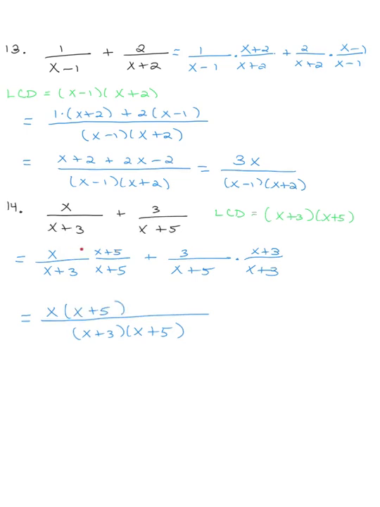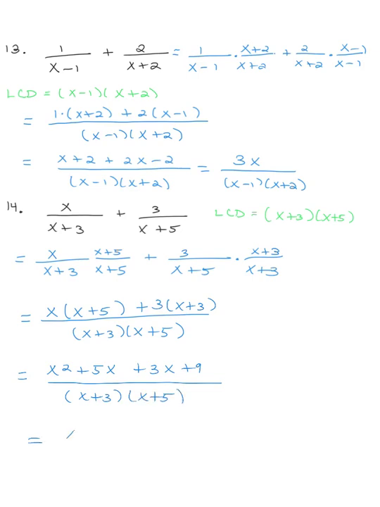That's just the product of these two things, which I'm putting here, plus the product of these two things. Just being careful to use parentheses. Distributing the x and the 3, I get x squared plus 5x plus 3x plus 9, all over x plus 3 times x plus 5.